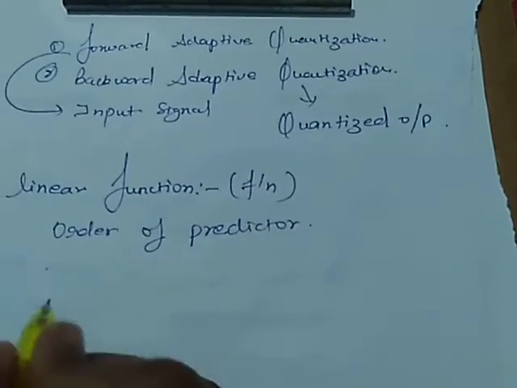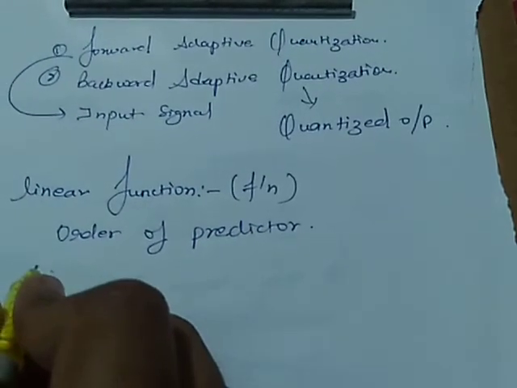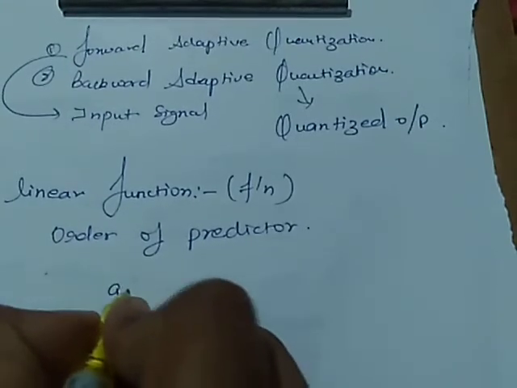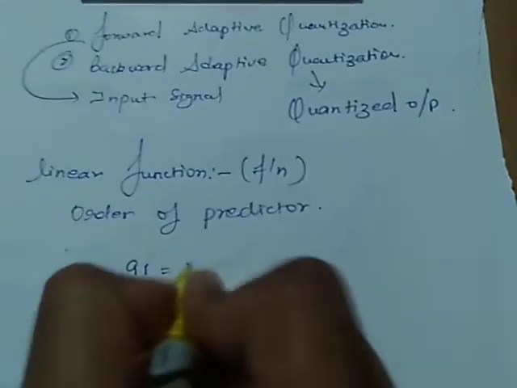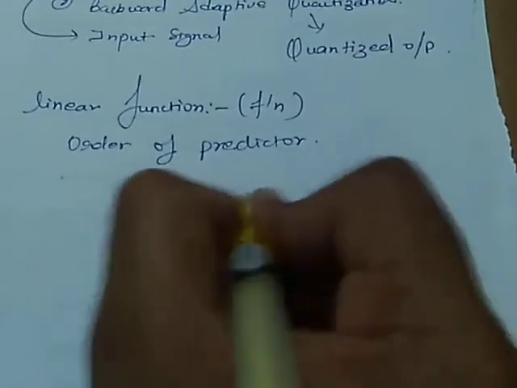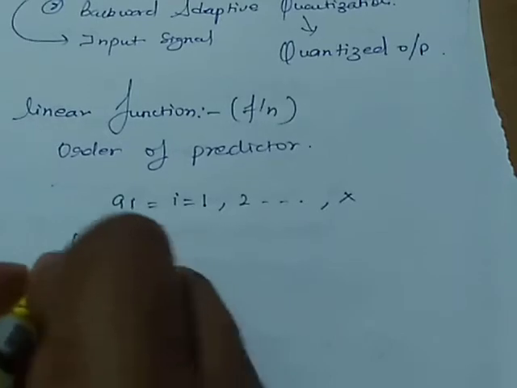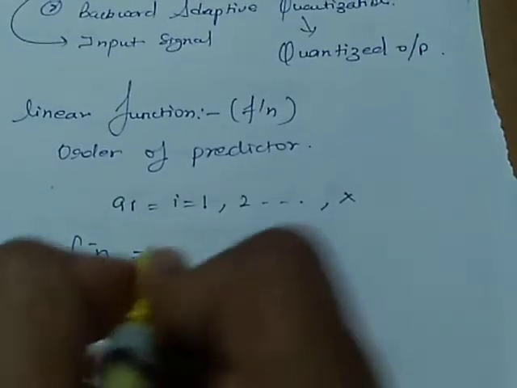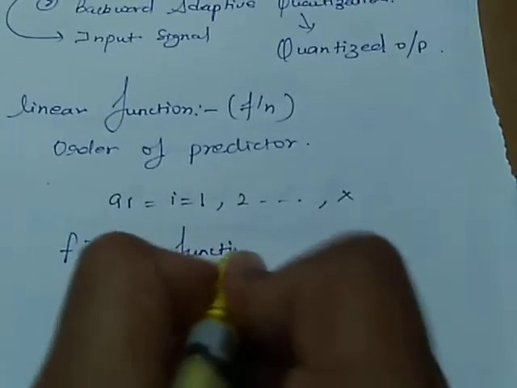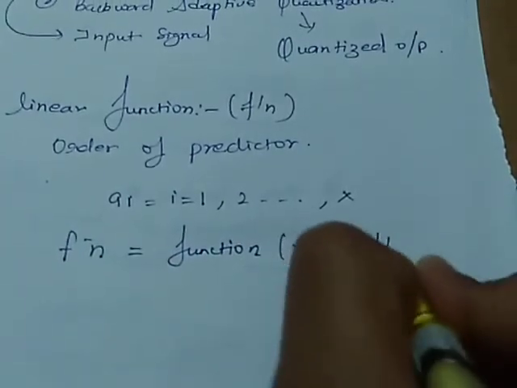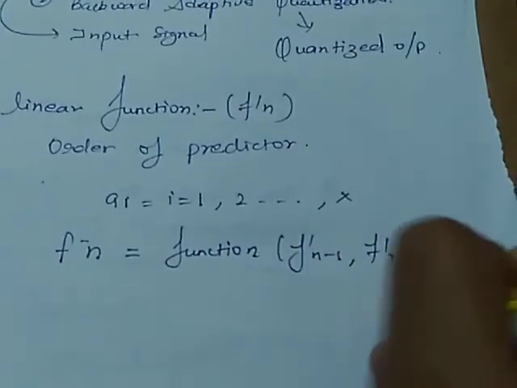For example, suppose we have x previous values and x coefficients, then a_i for i equal to 1, 2, up to x is the predictor, and the function f dash n is given by f dash n minus 1, f dash n minus 2 and so on.